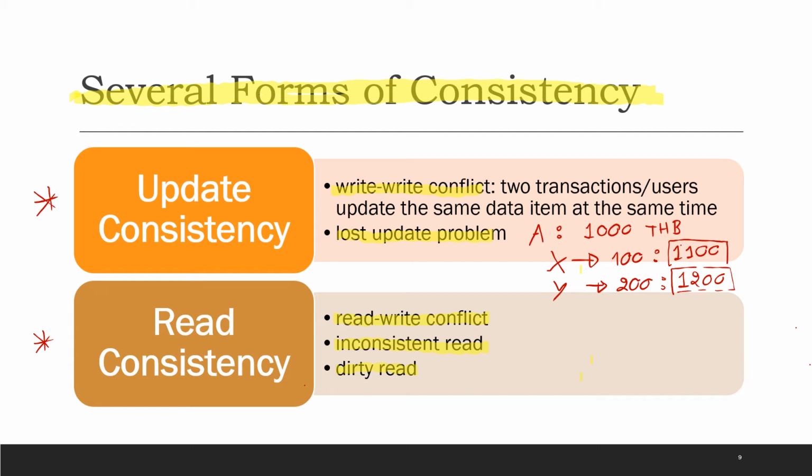There are quite a number of problems that could occur because we want to allow several transactions to execute concurrently, to improve the performance of transaction processing. You don't want everyone to wait until one transaction finishes. You want the ability to execute multiple transactions at the same time. But with that, certain forms of consistency problems could occur.